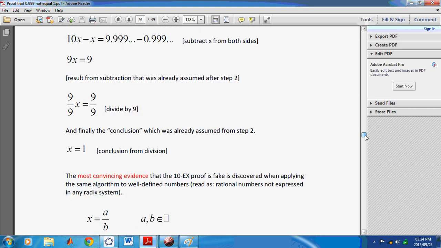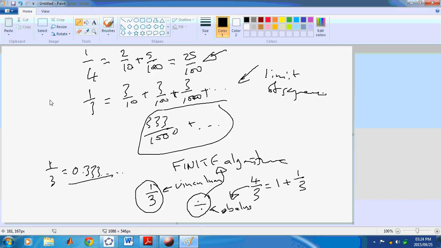Another really funny argument is, but can we find a number between 0.999 and 1? Well, that argument is invalid, because you'd first have to establish that 0.999 is a number. Well, you can't do that. You can't even establish that 0.999 is a point on the number line.